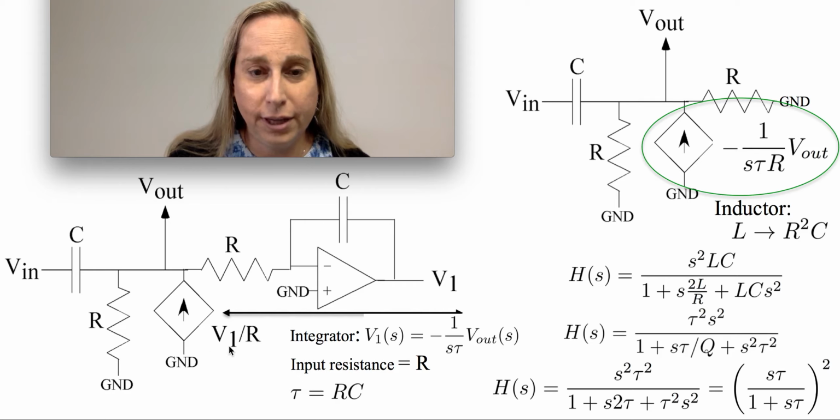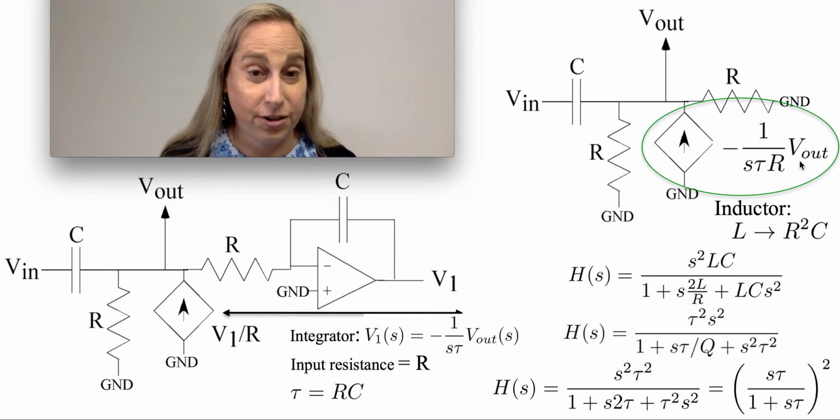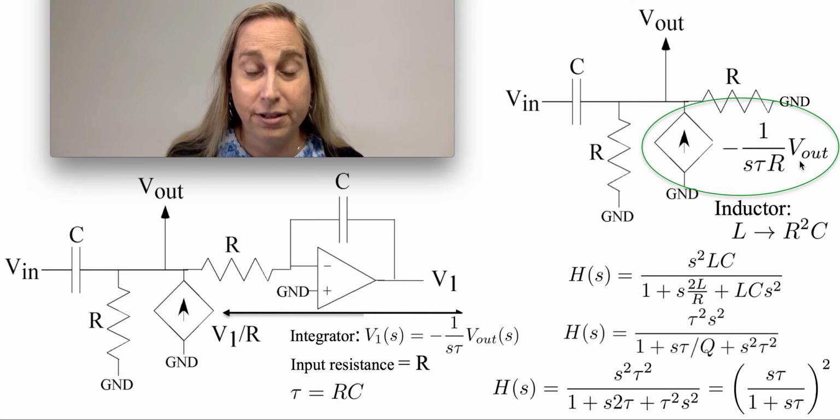So let me substitute all that in. What I notice in the Laplace domain is something of 1 over s tau R times V out. And I step back and think, hold on. Something with a resistance that is proportional to s is something we typically call an inductor. But somehow I don't have any inductors in this circuit. I just have op-amps, resistors, capacitors.